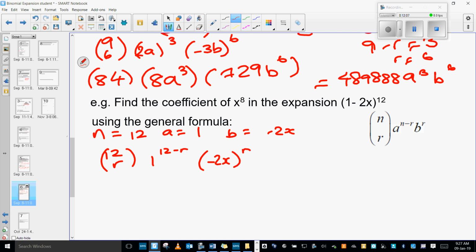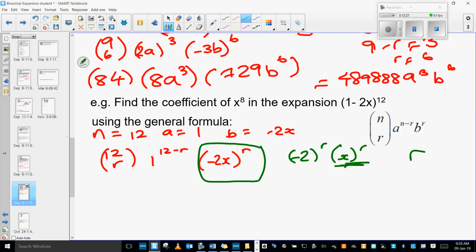We don't even have to do any rearranging. Because this is the only term that has the x with a power, we can say straight away that this would be expanded and go here. So this bit here would be negative 2 to the power r and x to the power r. So this is the only thing we're interested in, so that means that r has to be 8 for this question.